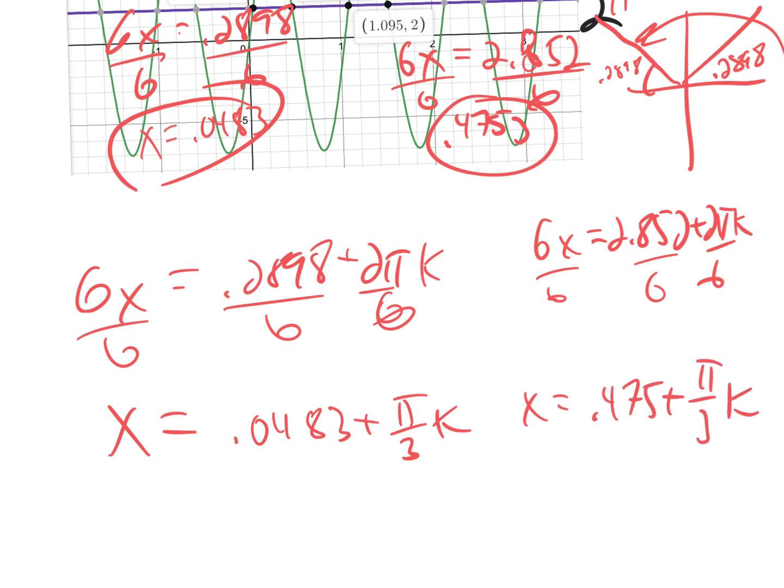So first answer, second answer. If you need a third answer, add pi over 3 to this answer. If you need a fourth answer, add pi over 3 to this answer. If you need a fifth answer, add pi over 3 to that last answer. And you can keep going to your heart's content.